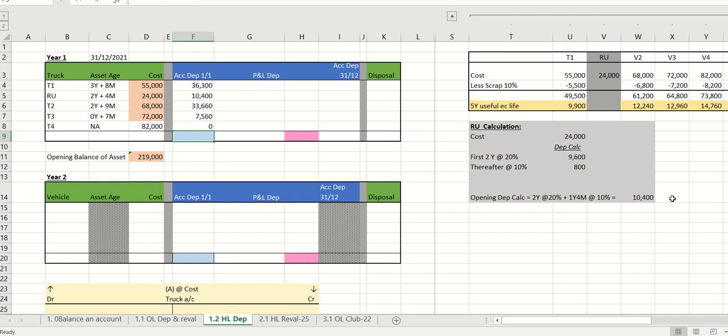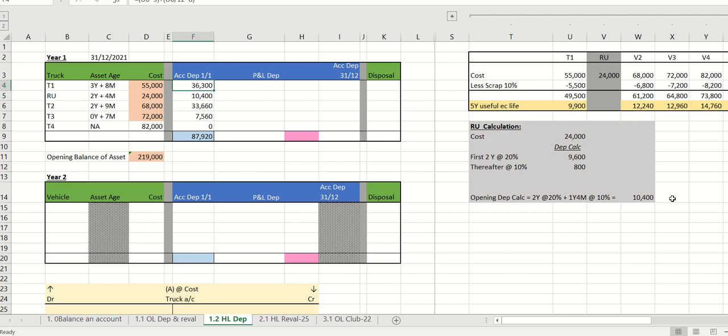Okay, so we have all our opening balances for each individual vehicle, adding it up and getting our opening balance number for our provision for depreciation account, which we'll be doing when we get to the double entry stage and the T account stage. Okay, so that was a tricky one, guys, I'm not going to lie.